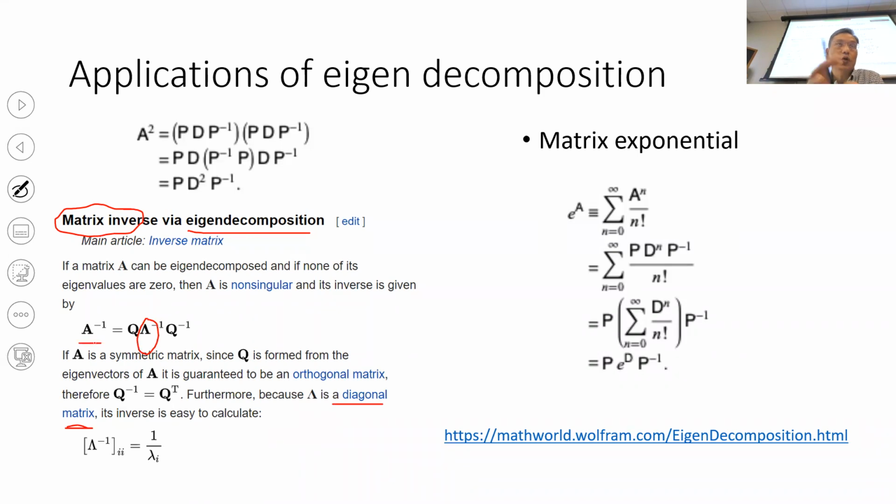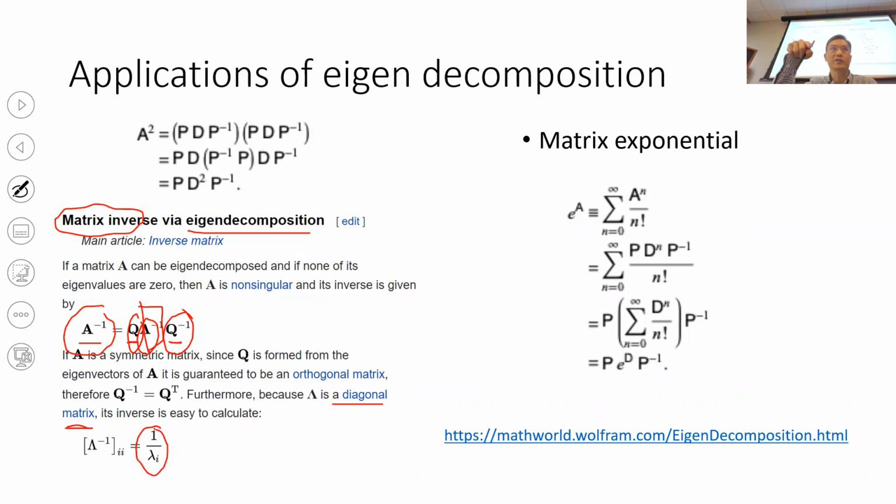Normally it's difficult, but if you can decompose this, and your Q is fixed already, then when you do the inverse, Q actually does not change, because your decomposition has a Q and a Q inverse. So you do the inversion of A and you still have Q and the inverse of Q. All you have to change is the diagonal matrix in the middle. So it's very easy to compute.